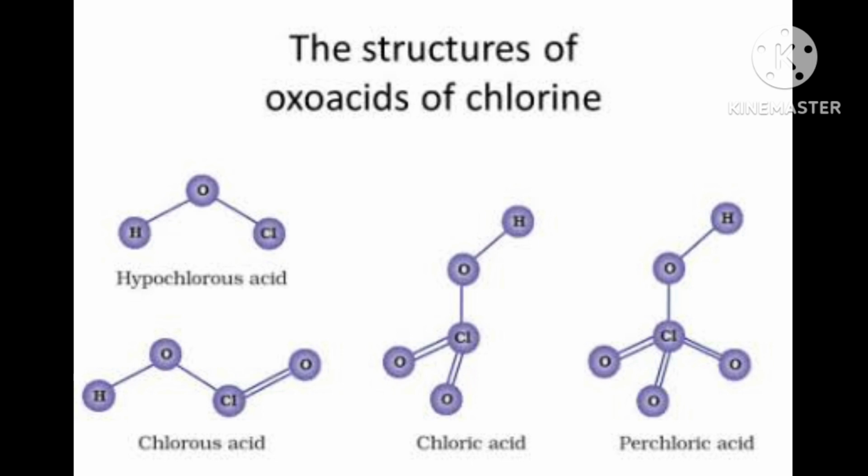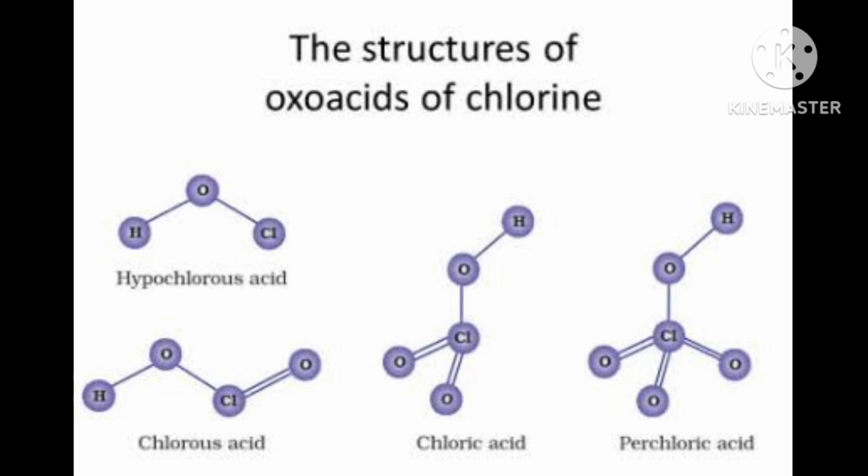Now come to the structure. Structure of hypochlorous acid, where chlorine has +1 oxidation state. Oxygen is in the middle, and down, one side H, other side Cl.